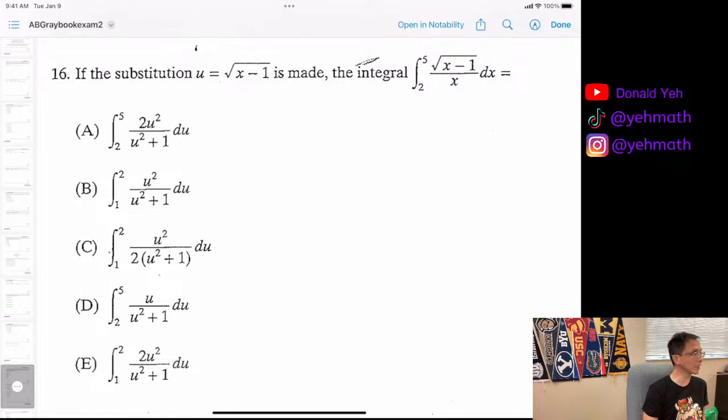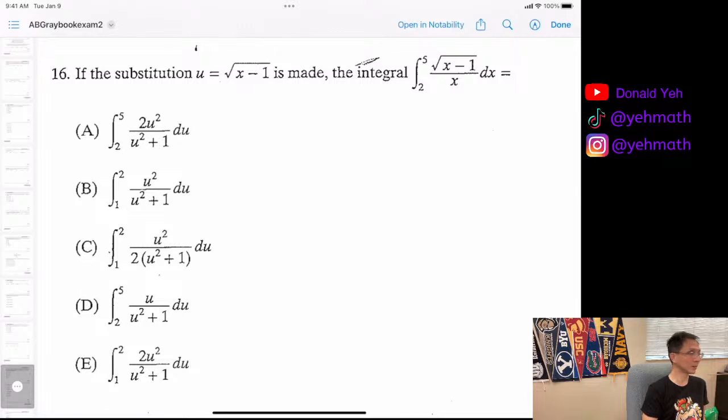They didn't want you to take the integral. They don't want you to take the integral. They just want to know, can you rewrite this integral? You're just manipulating. I mean, you can cancel.